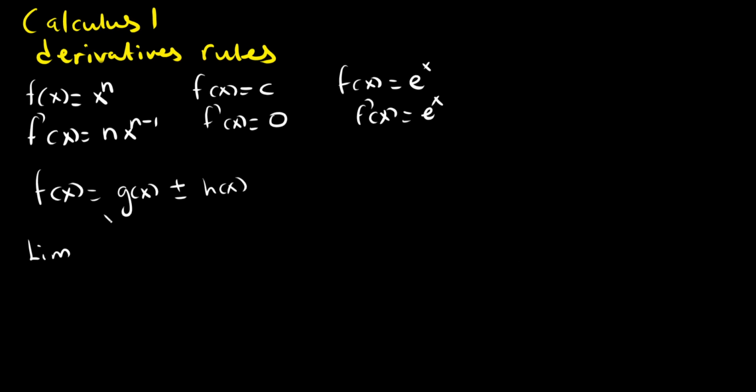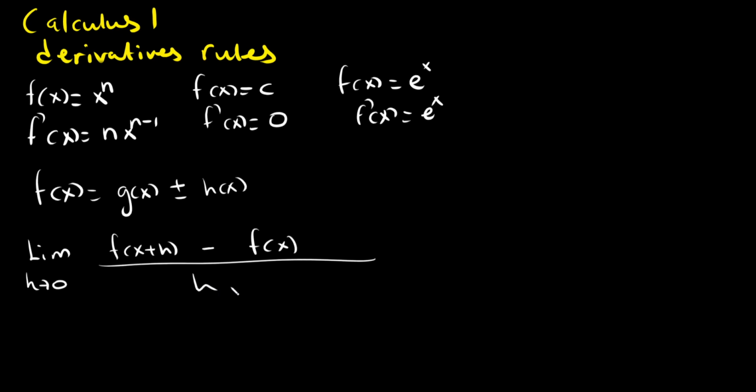If I want to find the derivative of g of x plus h of x, I have to start from the start again. So let's do the limit as h goes to 0 of f of x plus h minus f of x, divided by h.